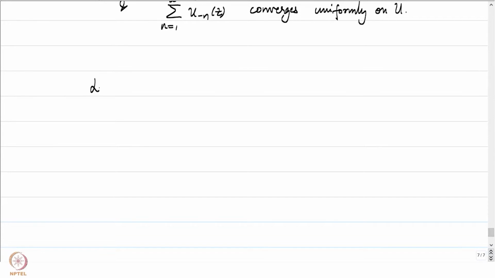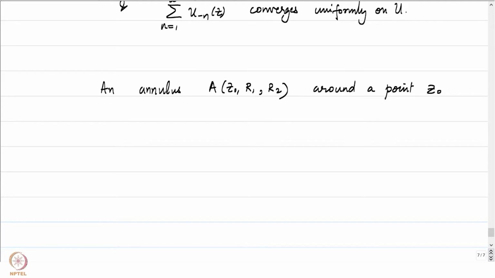So, an annulus A(Z0, R1, R2) around a point Z0, for 0 less than or equal to R1 less than R2.